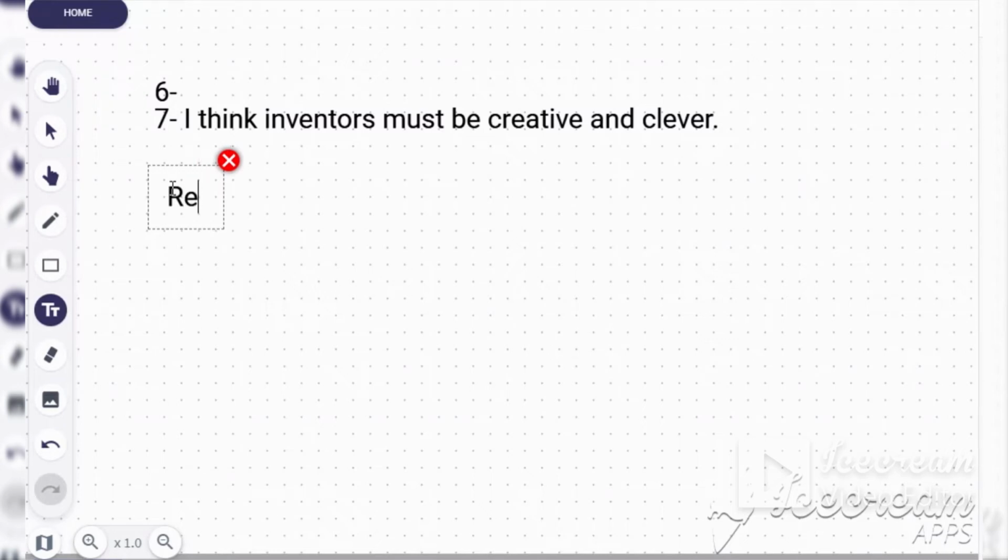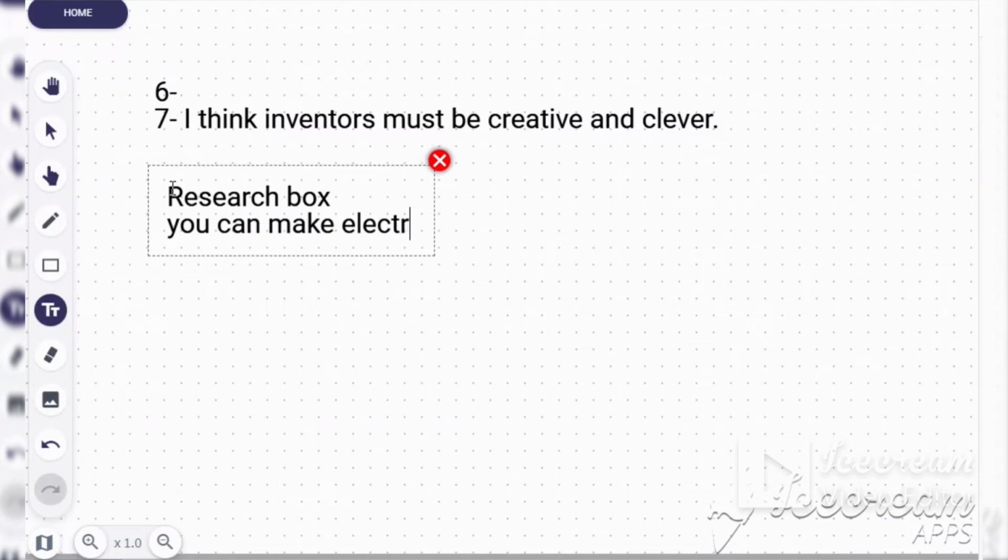Okay, research. You can make electricity, between brackets, hydroelectricity, الطاقة الكهرومائية.